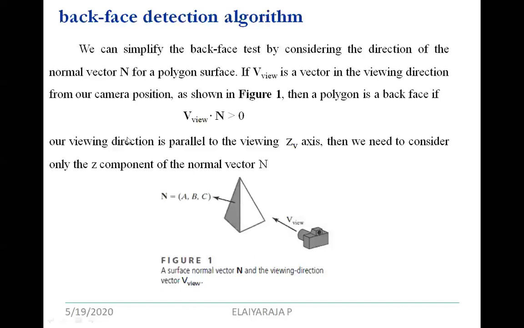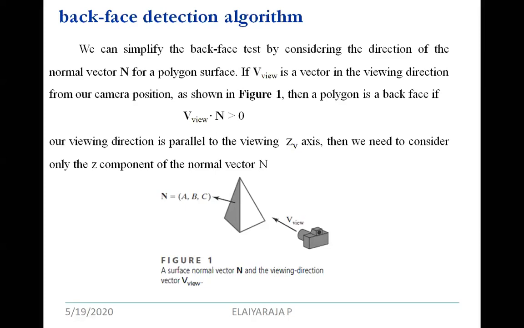So if our viewing direction is parallel to the viewing z axis, then we need to consider only the z component of the normal vector. Here we calculate the dot product of the viewing vector and the normal vector. If the value is greater than 0, then the polygon is a back face.